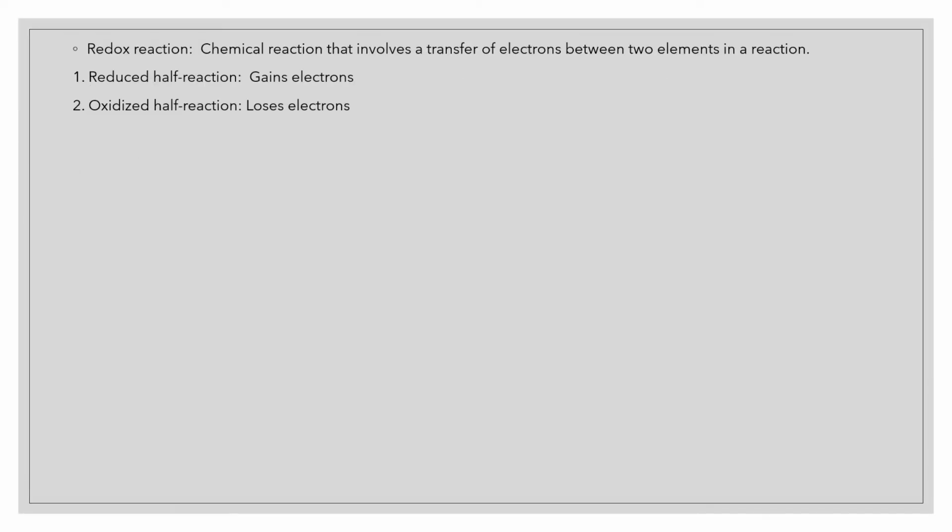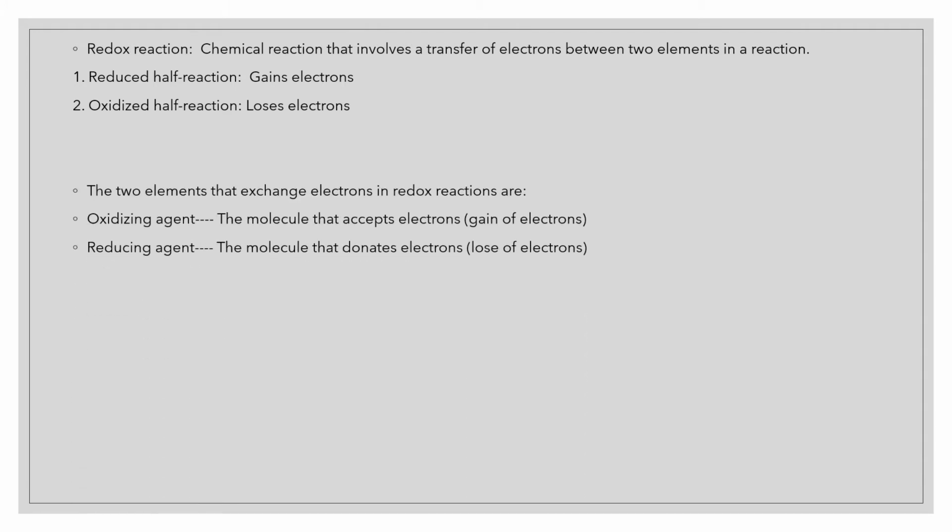What do we exactly mean by redox reaction? A redox reaction is a chemical reaction that involves a transfer of electrons between two elements in a reaction. These reactions are composed of two different half reactions: the reduction half reaction, which gains electrons, and the oxidation half reaction, which loses electrons.